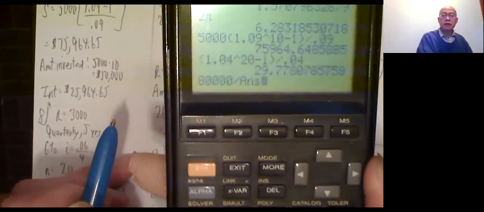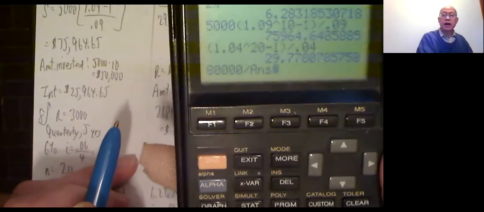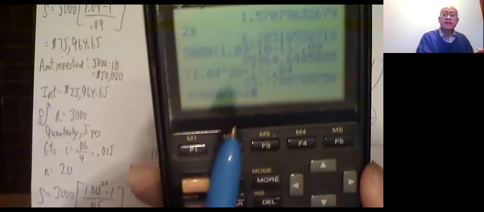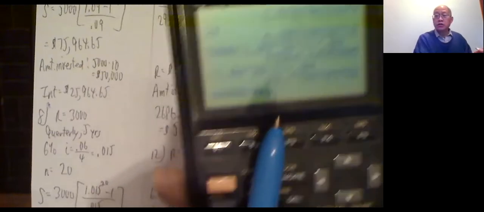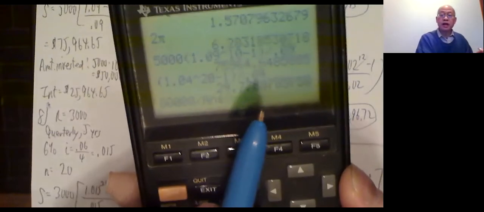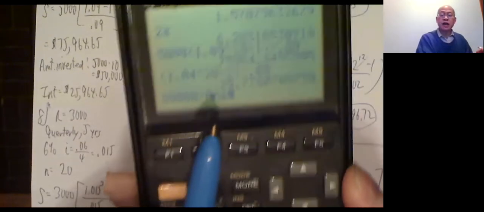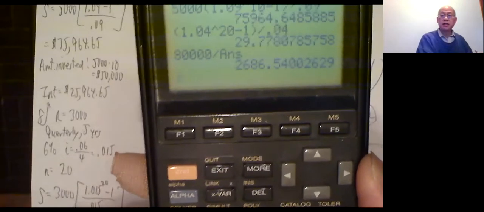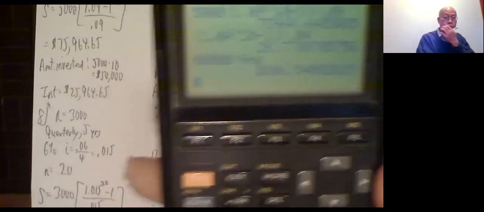And look at what pops up on my calculator: 80,000 divided by answer. That means to the calculator, it's the same thing as if I typed in 29.778078578. That saves you a lot of typing. And there's the same answer. See that? 2686.54.